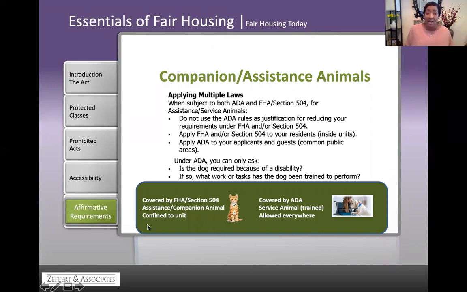Fair housing under Section 504 applies to your residents inside of the units, but ADA applies to your applicants and your guests, and they are allowed in common areas. Under the ADA, you can only ask, is the dog required because of a disability? If so, what work or task has the dog been trained to perform?